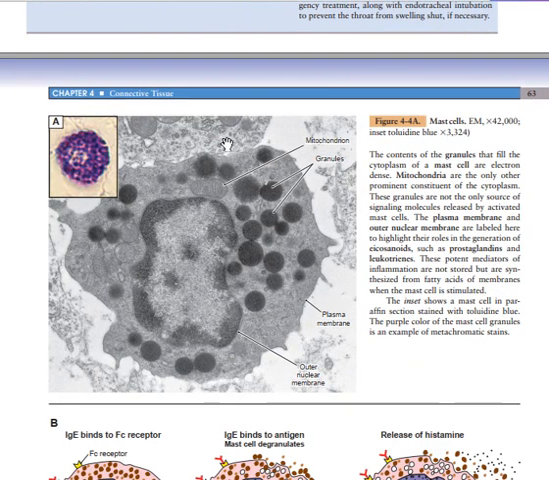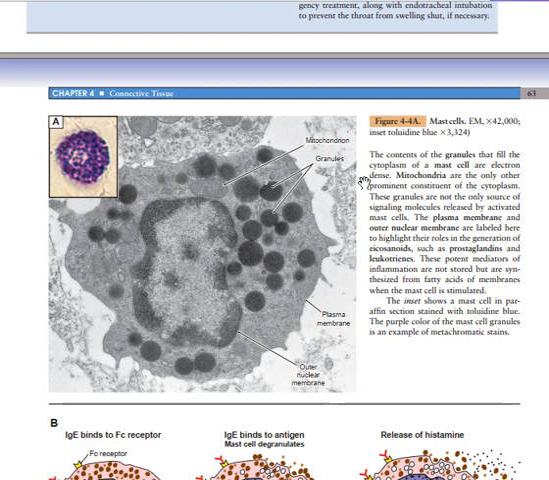Now, this is how the mast cell is going to be represented with toluidine stain, because we said that on the hematoxylin and eosin stain, mast cells may not stain well. It may be clear, but sometimes it may be eosinophilic. But when you use toluidine blue, it is best to visualize mast cells because the granules of the mast cell are going to absorb it. So that is why it's going to be colored like that.